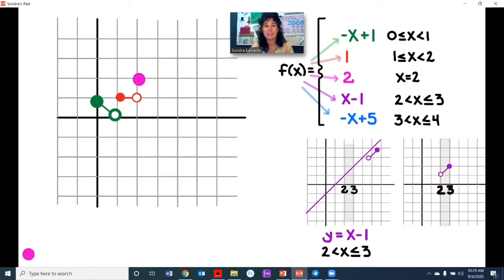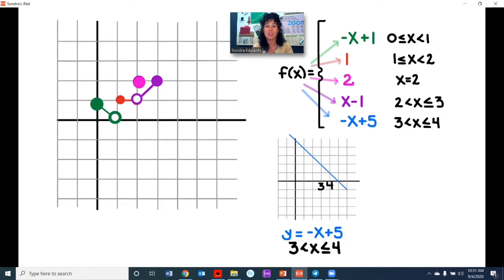So I'm moving this over to the main graph. This piece lands right there. Okay, so now for the fifth and final piece.